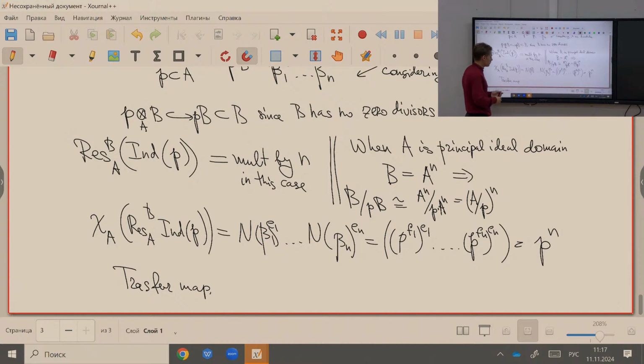But this formula becomes a little bit stupid because there will be only one factor in it. What it really means is that this formula can be checked by calculating the right and left hand sides via localizations. Such a multiplicative formula can be checked by localizations, and so this formula works up to codimension 2 ideals.